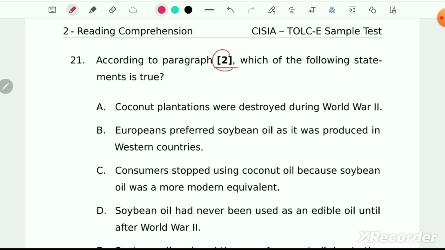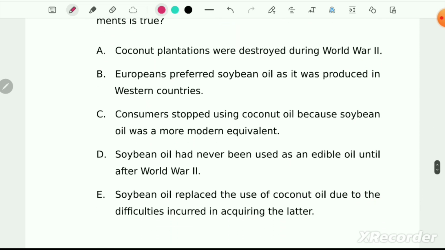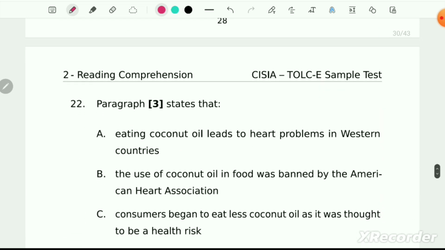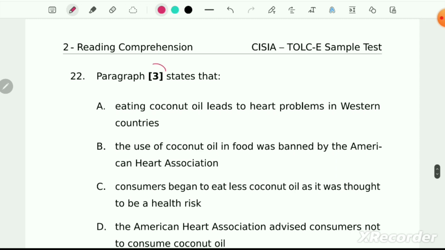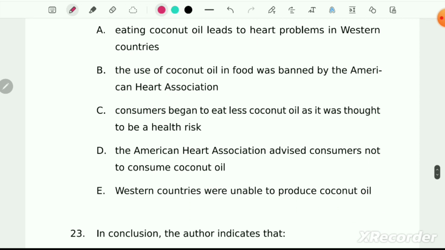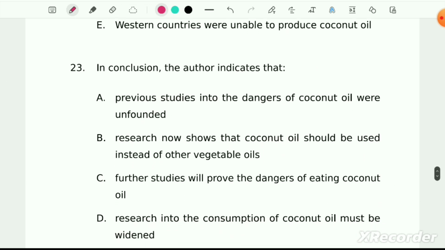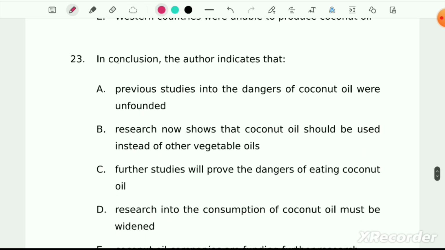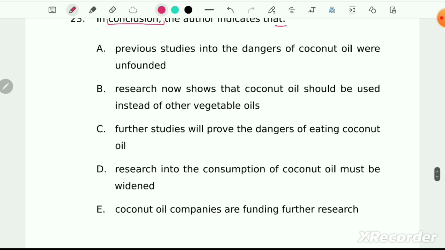Again, this question comes from paragraph 2. And number 3, paragraph 3 states that. In conclusion, the author indicates that. Okay, we have to find them out.